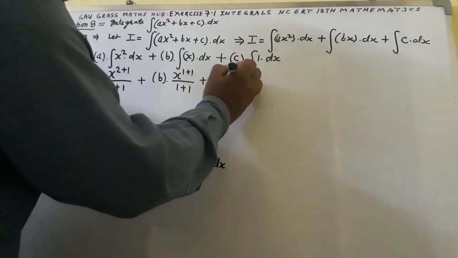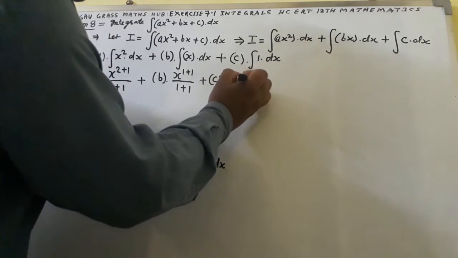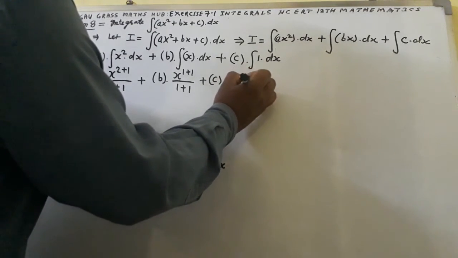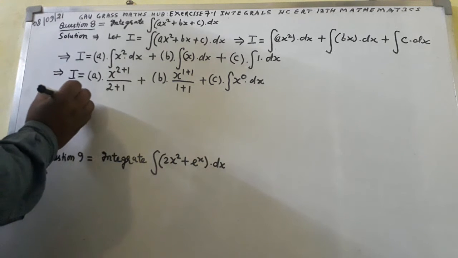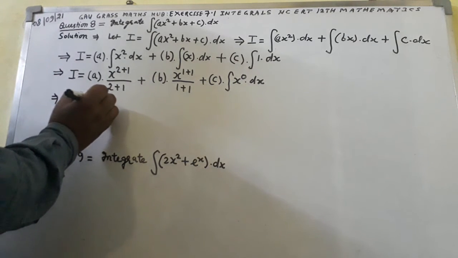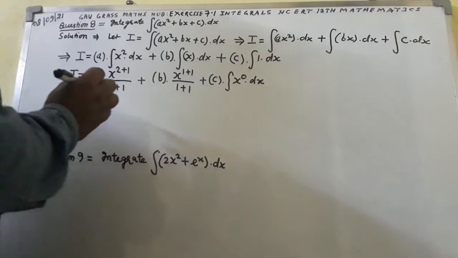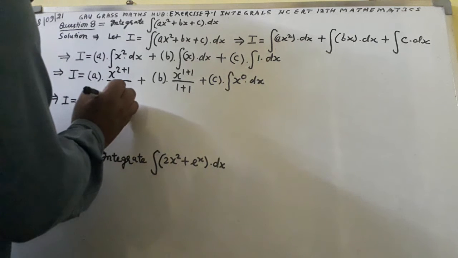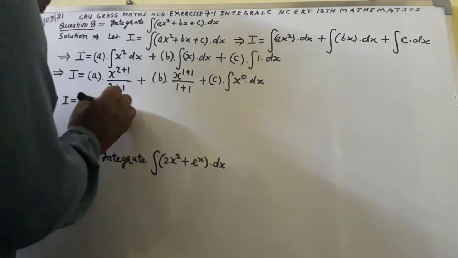Here integral 1 can be written as x raised to the power 0 dx. Again I shall write, implied that I equal to a dot x raised to the power 2 plus 1 comes out to be x raised to the power 3 whole over 3.